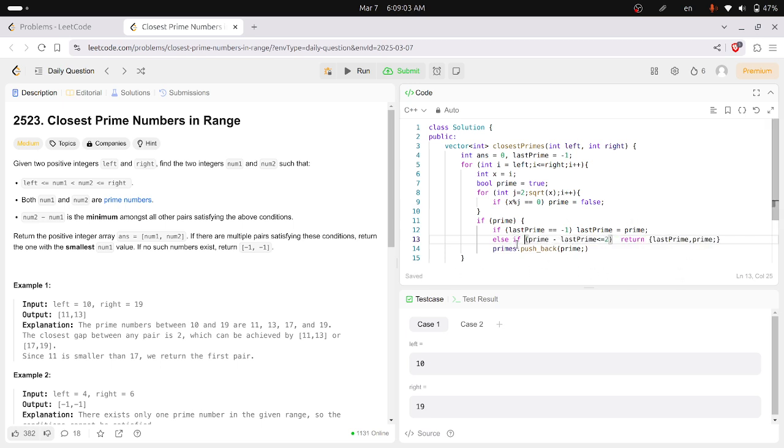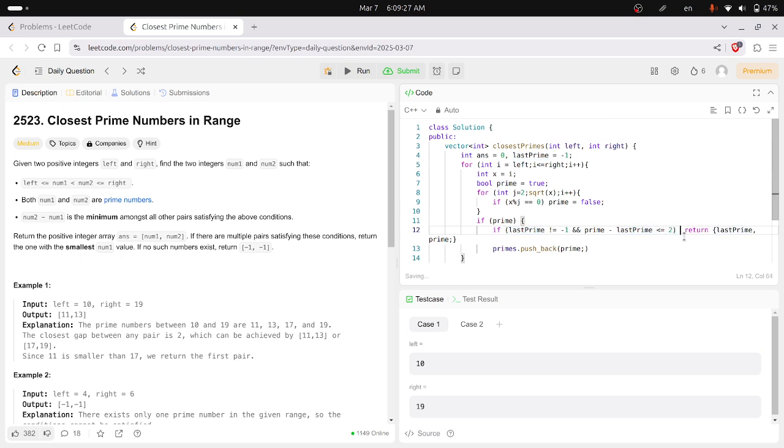Okay, I can write this like this: last prime is not equal to -1, and prime minus last prime should be less than or equal to 2.